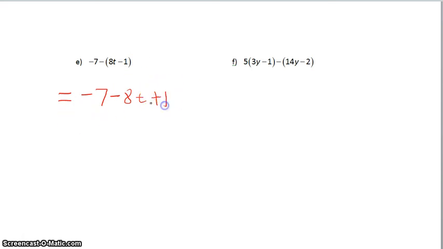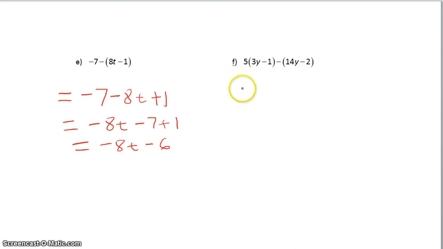Now we can combine the like terms. First, let's write this -8t. Then we'll write down the -7 plus 1. So we will have -8t minus 7 plus 1 will give you a -6. And you're done with that problem.